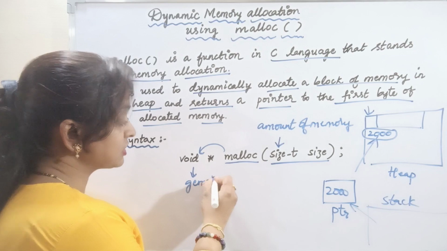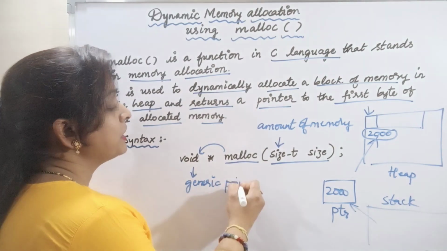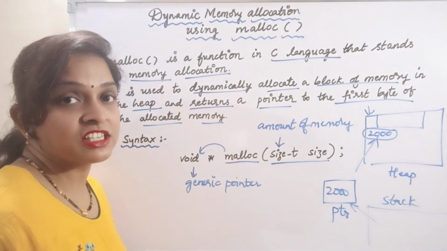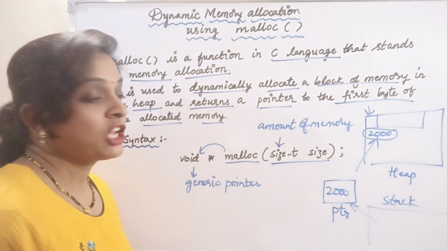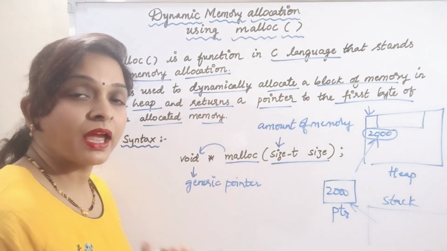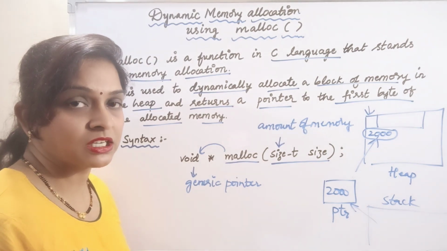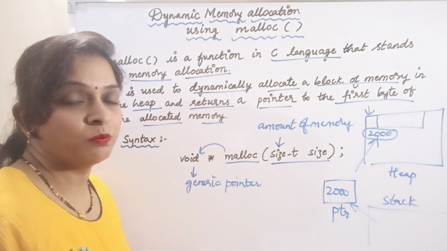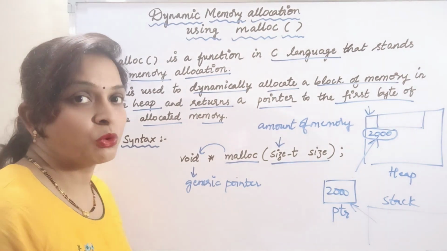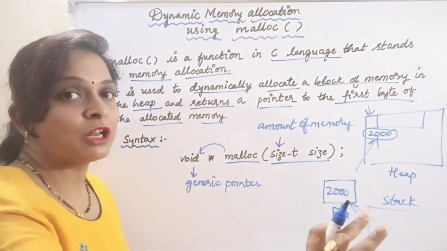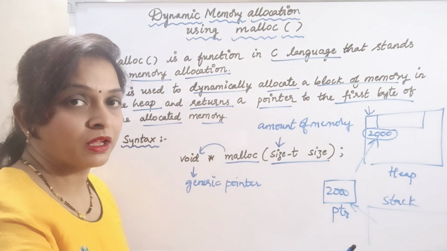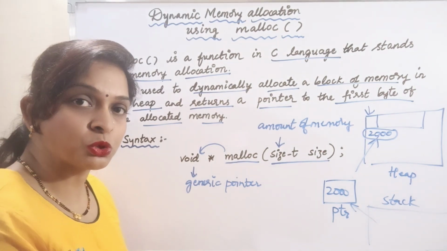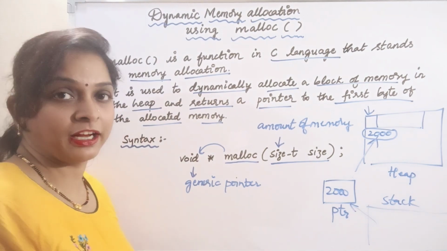We have discussed this generic pointer, so please do check out the playlist of C language. A generic pointer, that is a void pointer, can point to any type of location. It means if the user cannot predict what type of value we are going to store during runtime, then we simply allocate a block of memory, and that block of memory can be used to store any type of data.